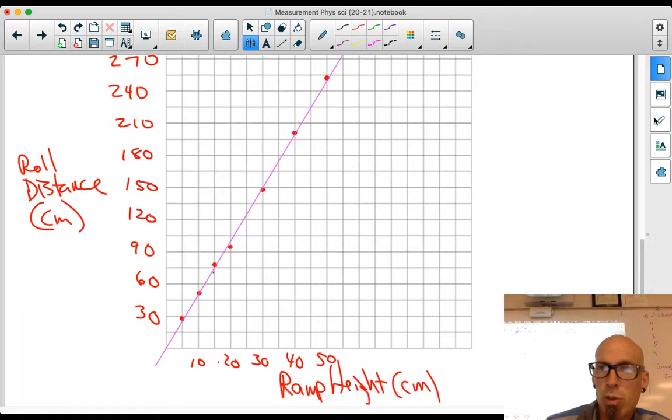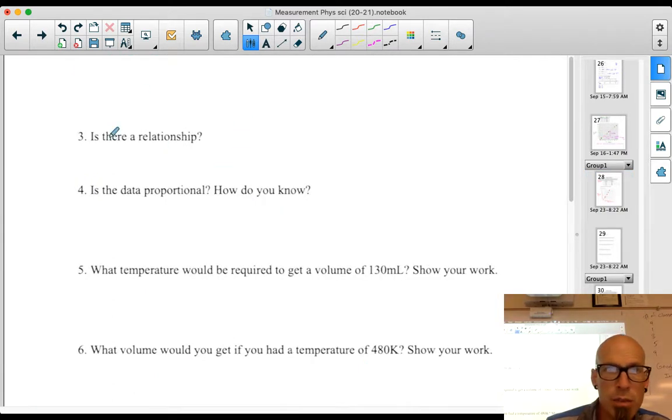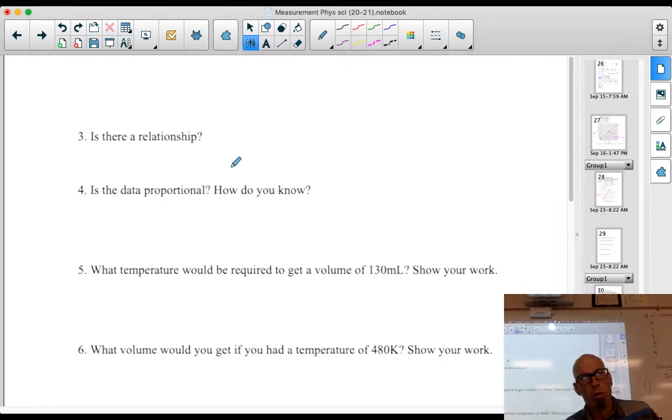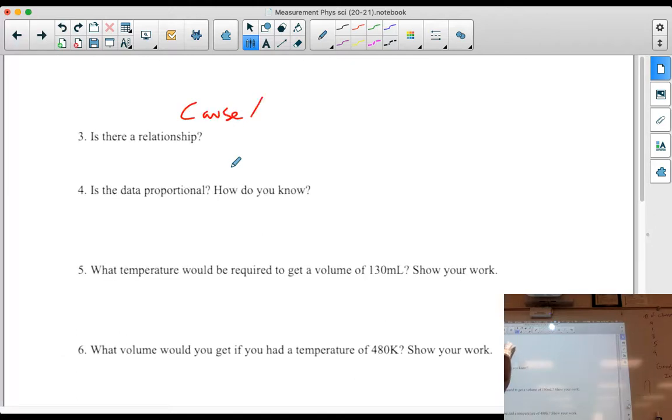So next question. The actual question after you get the graph done is, is there a relationship? Well, what do you think? That's the same as asking, is there a cause and effect? Is there a cause and effect happening here?